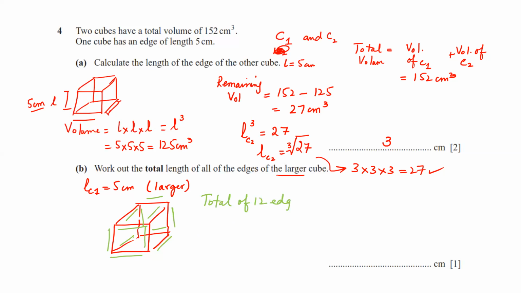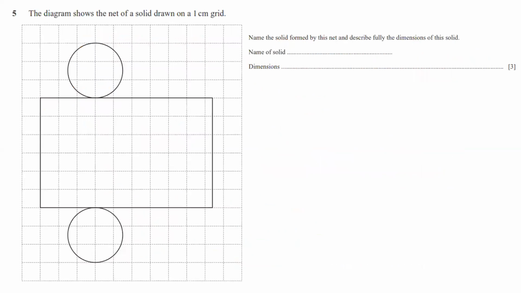Length of one edge is 5 centimeter. So the total length will be 12 multiplied by 5, 60 centimeter. So the answer will be 60 centimeter. Next question.